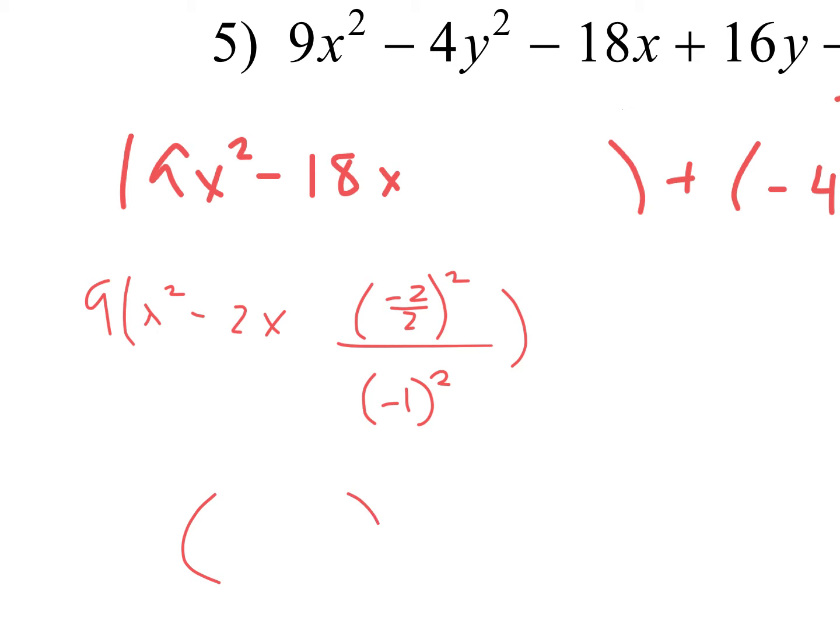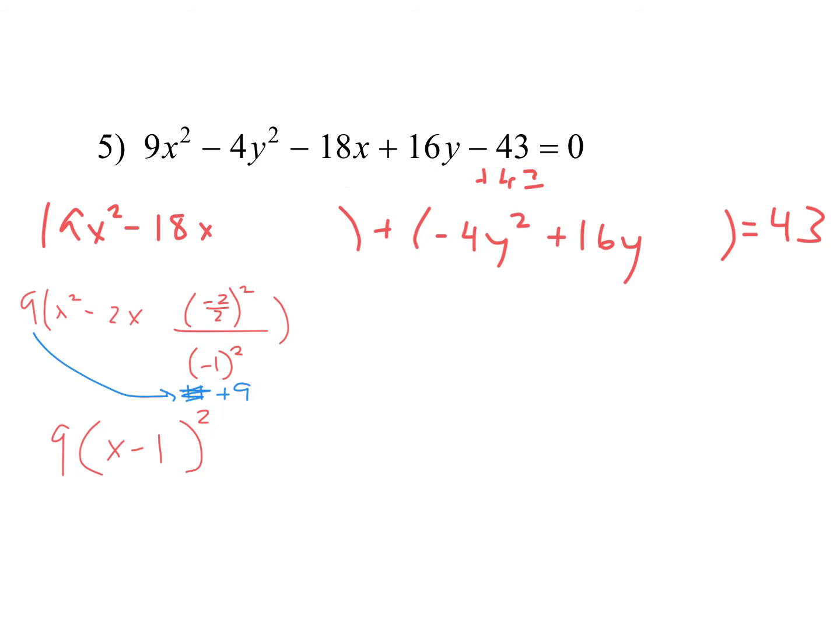So what's going to go in my parentheses down here? X minus 1, with the 9 out front. Don't forget the 9. And then we added 1 in here because negative 1 squared is positive 1. But it's 9 times 1, so technically we're adding 9 in here. So if we add 9 on the left side, we have to add 9 on the right side too.